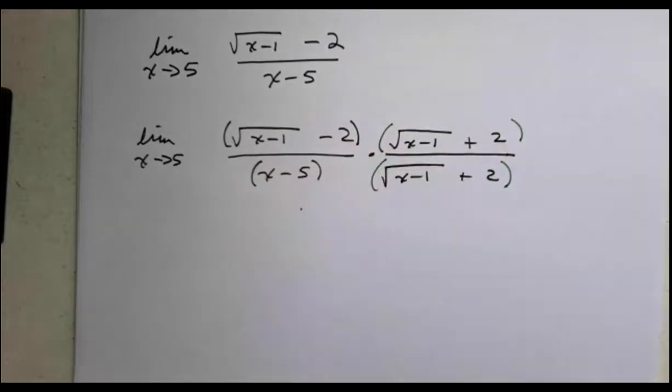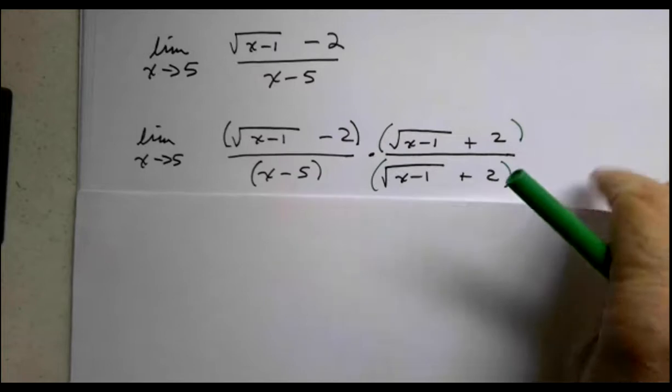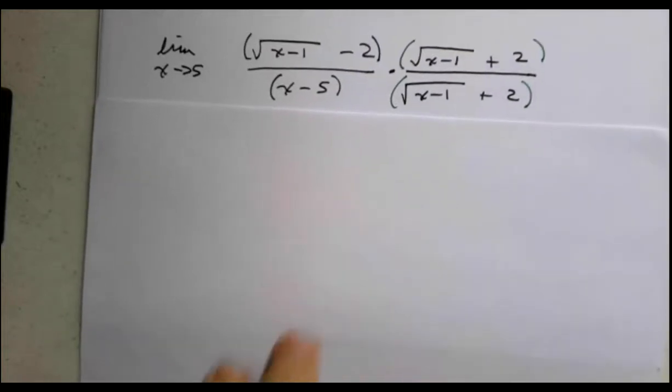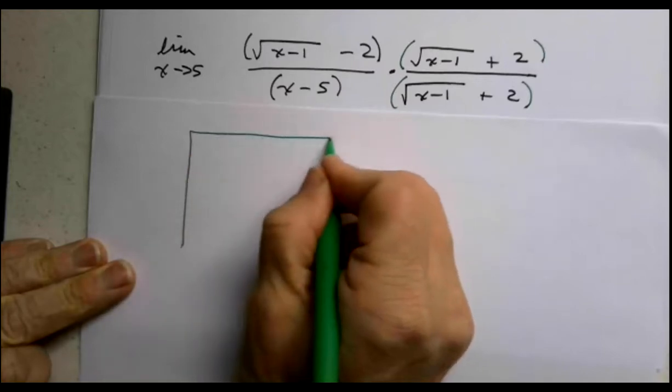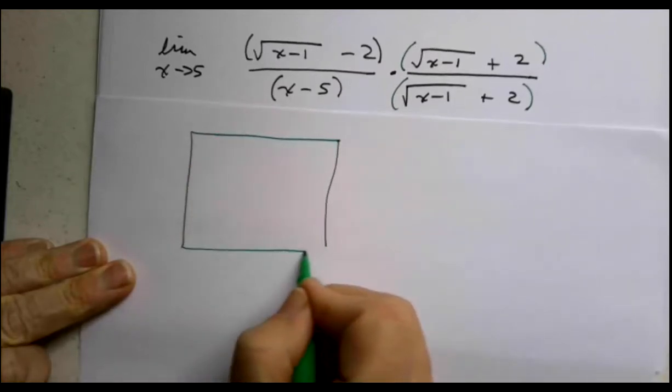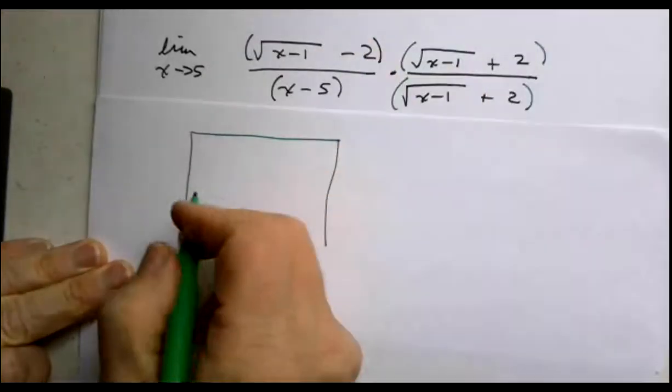So what is on the top? What does that become? If I'm looking at this, I like to use a multiplication box to visualize that. Students tend to prefer FOIL. But whichever you use, we need to multiply these two expressions.